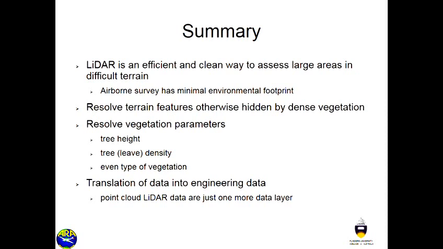They're very quiet, and you can assess large areas. You can resolve terrain features, which you can't see otherwise, not from the air, not from aerial photography. You have to go on ground otherwise. And you can resolve single or very small details within the vegetation. And you can actually even get engineering data out of this.